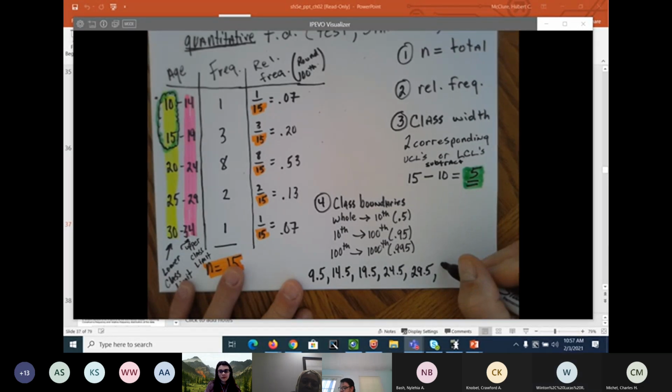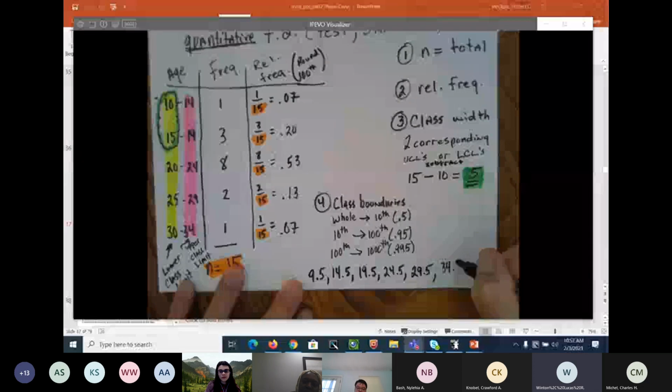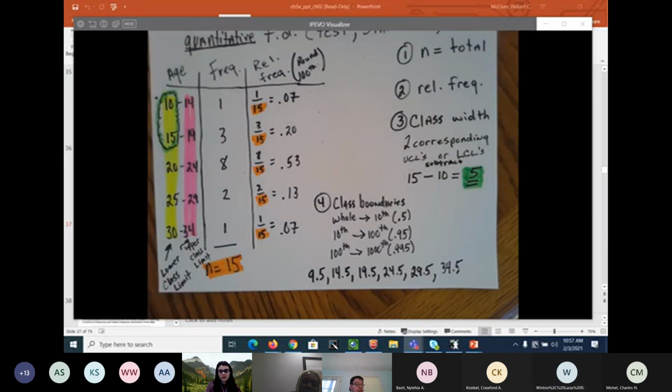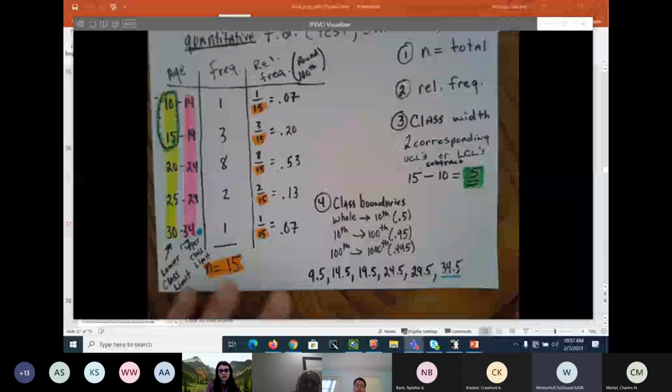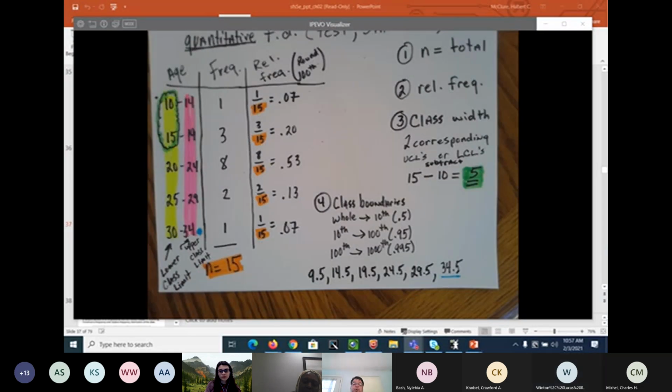And I'm going to highlight that, because some books will ask you for the next class boundary. Some books will not. And that is this class boundary right there. What comes after 34? 34.5. So if you're doing a class boundary question, they're going to give you 1, 2, 3, 4, 5.